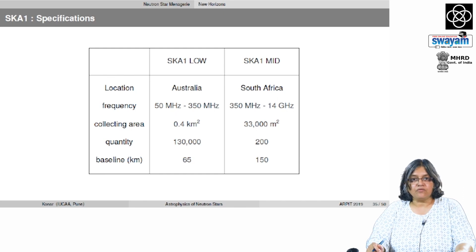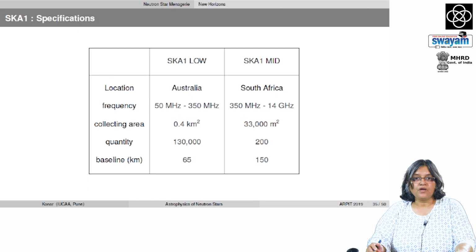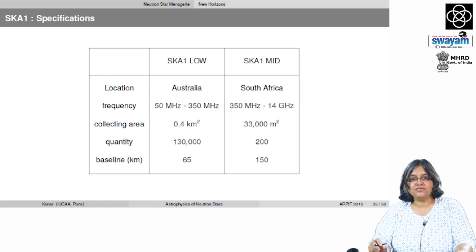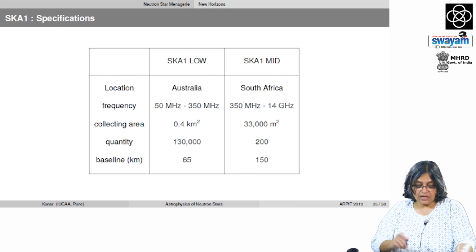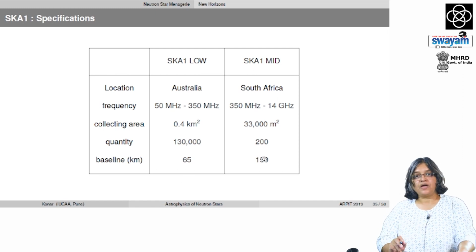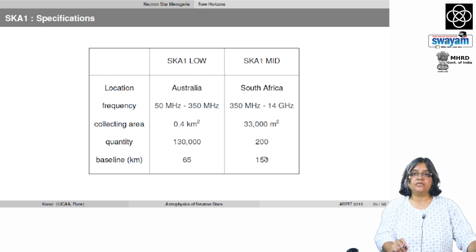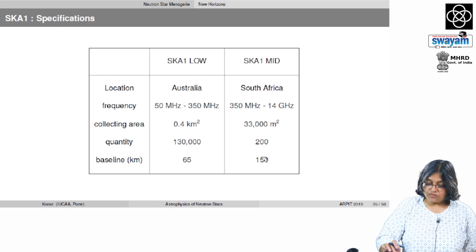The collecting area of these telescopes would be 0.4 square kilometer and the other one would have 33,000 square meter, and these are the number of elements or antennas they would have. And the baseline, the maximum distance between two antennas, is about 100 kilometers. Now, please remember for GMRT the maximum distance was about 25 kilometers.